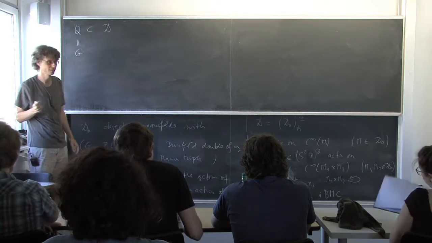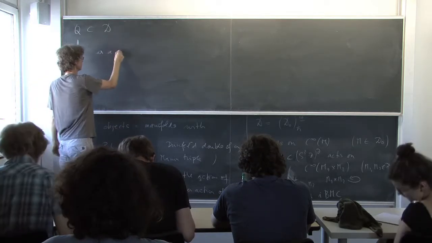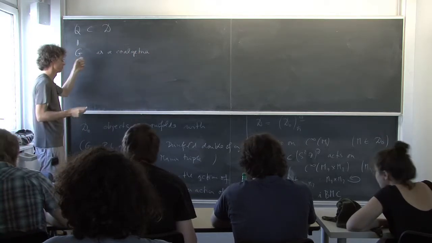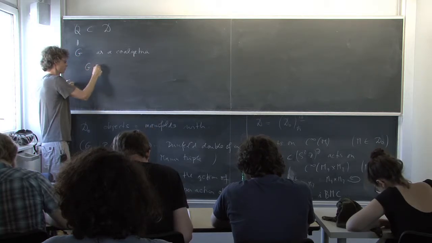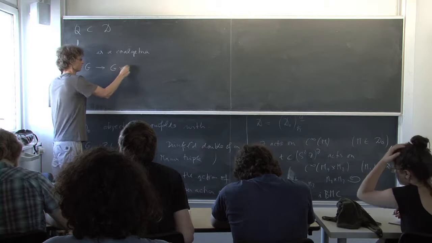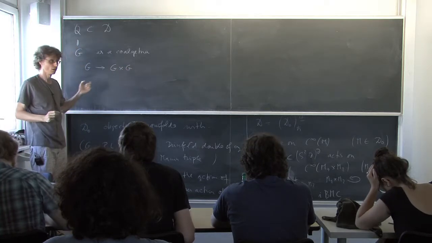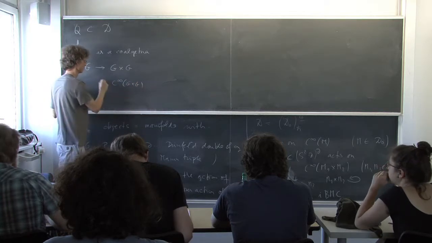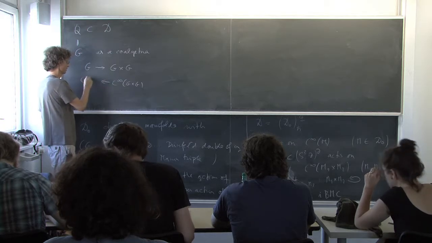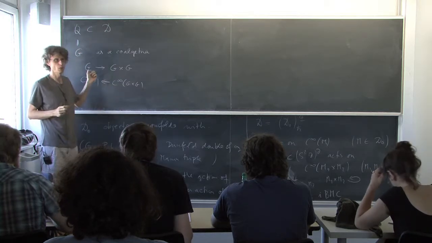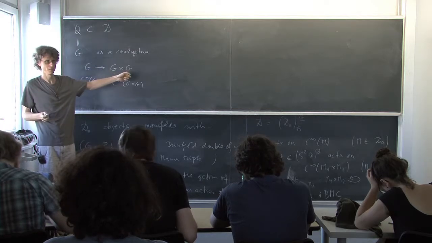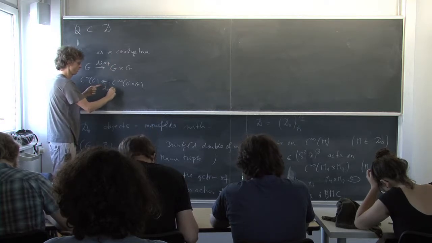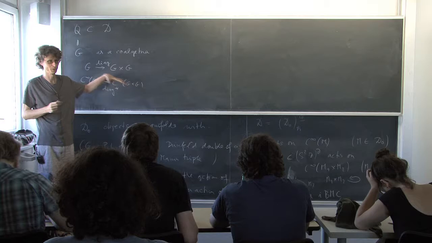Now, how is it a coalgebra? A coalgebra means that we should have a morphism going from G to G times G. That means it should be a map going from C infinity of G times G to C infinity of G. But I will actually take simply the diagonal embedding, the pullback by restriction to the diagonal.